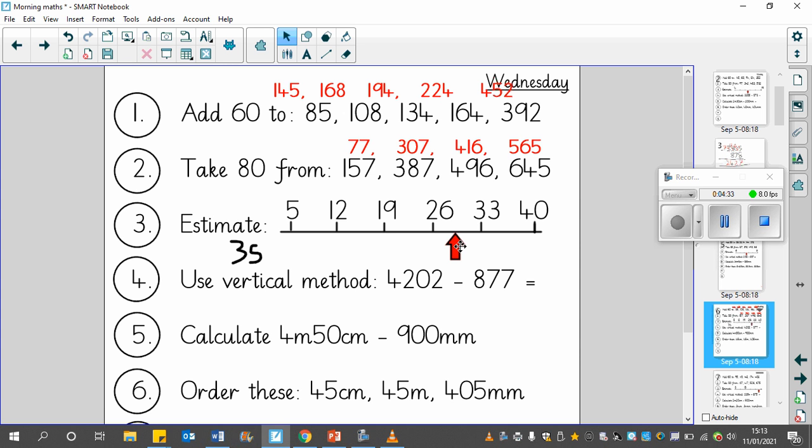So half of 7 is 3 and a half. So therefore 26 plus 3 and a half is 29 and a half.